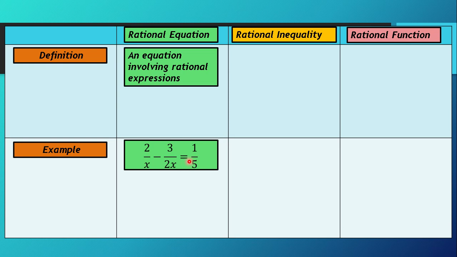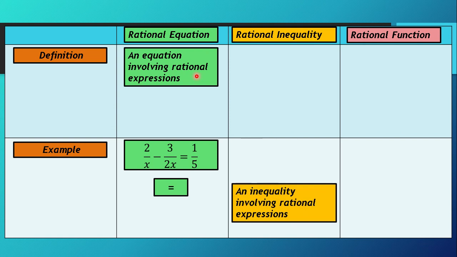Of course, kasi yung symbol na ginamit ay equal sign. So, laging tatandaan na kapag rational equation yan, ang gagamitin lamang ay equal sign at may mga involved na rational expressions. So, equal sign lamang ang ginagamit sa rational equation.